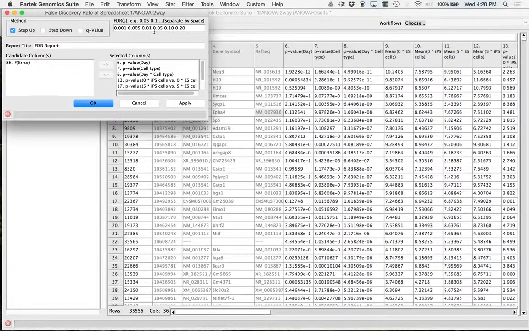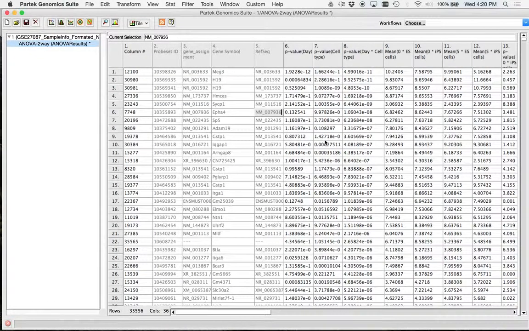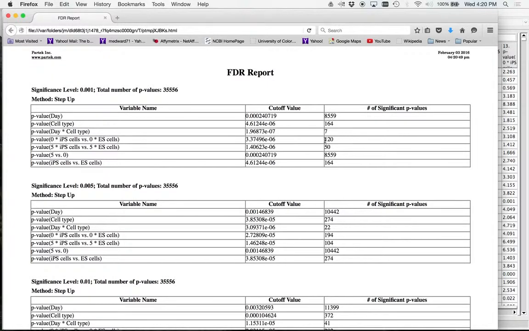You can go up as far as you want. You just put a few in, 0.01, 0.05, 0.10. Now hit OK. I hope it doesn't bring my browser up. Oh, no it didn't. New window.